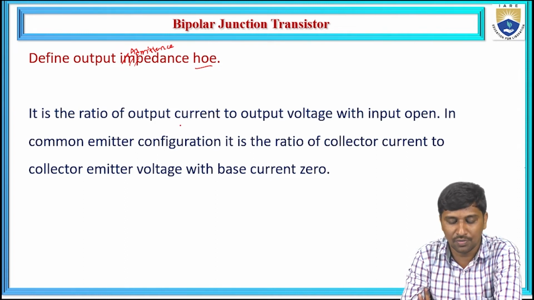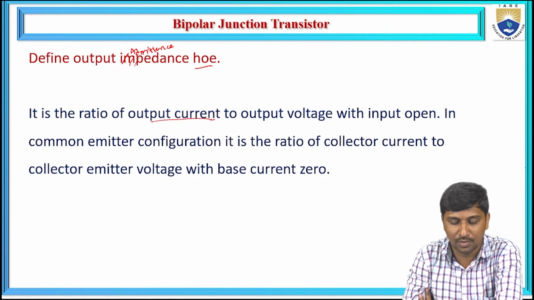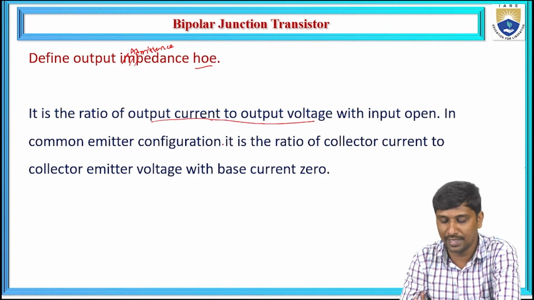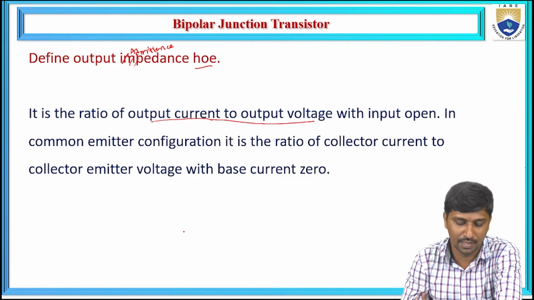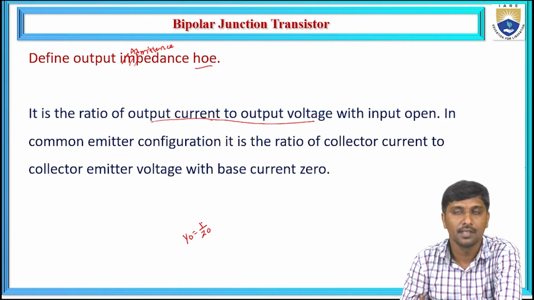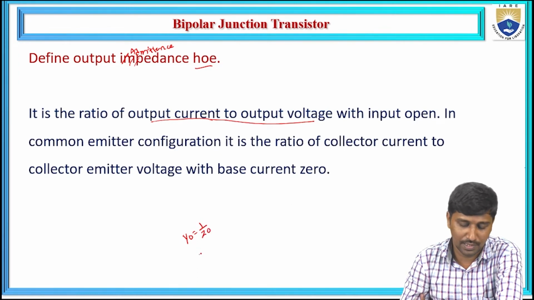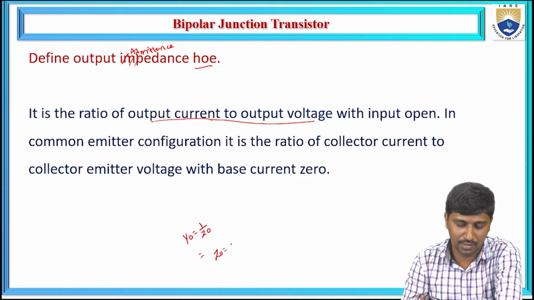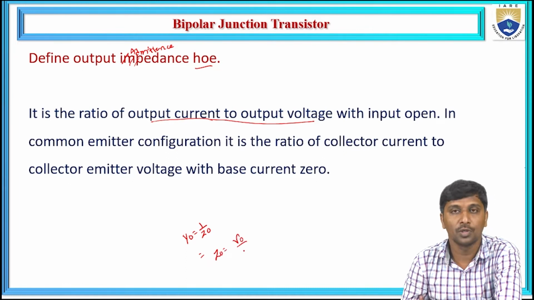Hence it is the ratio of output current to the output voltage when the input is open. We write the admittance Y0 as 1 by Z0. Generally we know that Z0 is the ratio of output voltage to the output current.